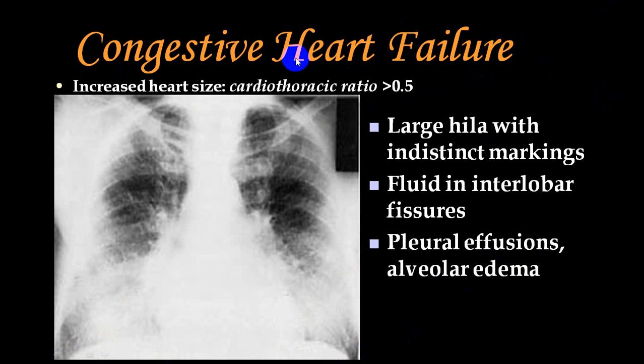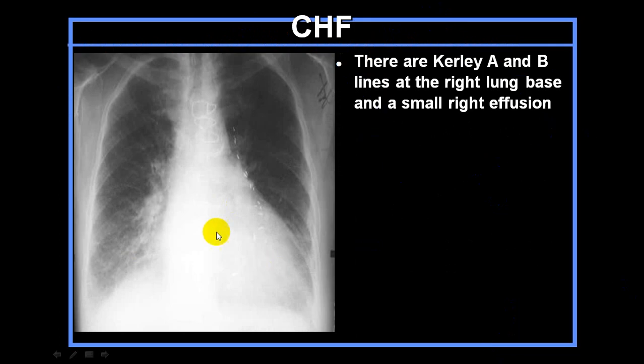So the findings you come across: prominent bronchovascular marking, increased heart size, obliteration of the costophrenic angle. And if you see a vascular marking prominent here in the apical region, we call it Kerley A lines, and if it is seen in the base, we call it Kerley B lines. And sometimes even if you see fluid in the interlobar fissures, it is in favor of congestive heart failure.